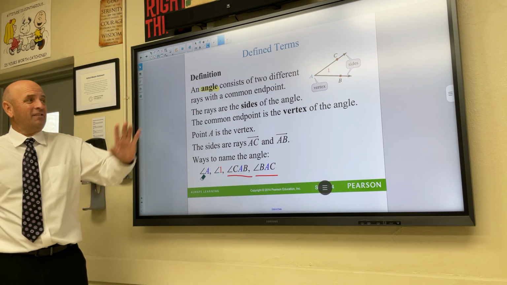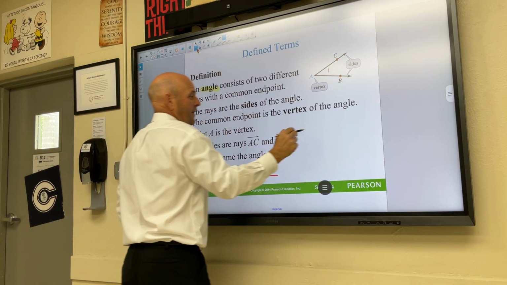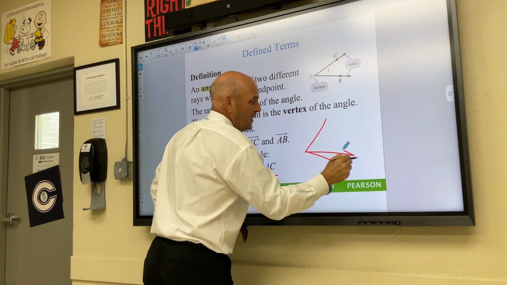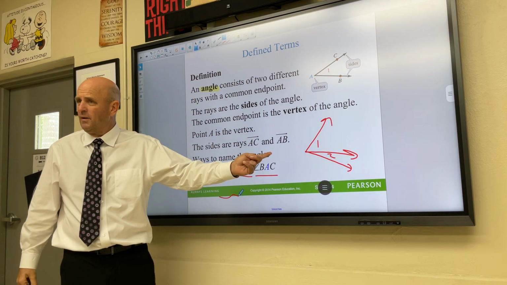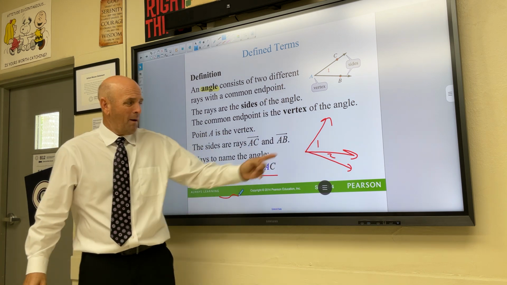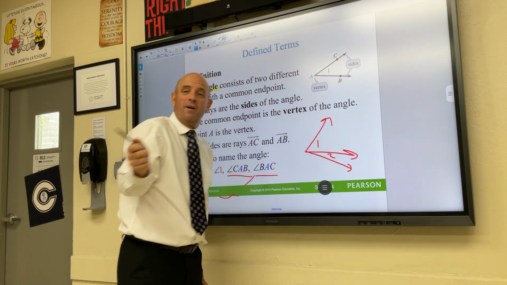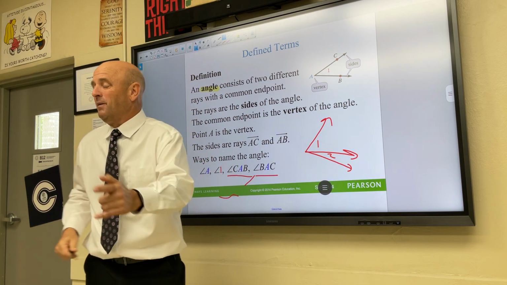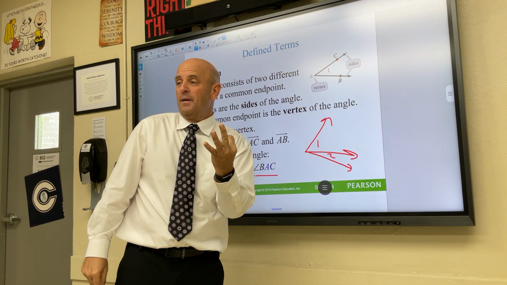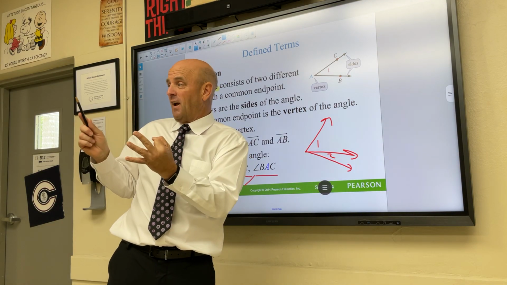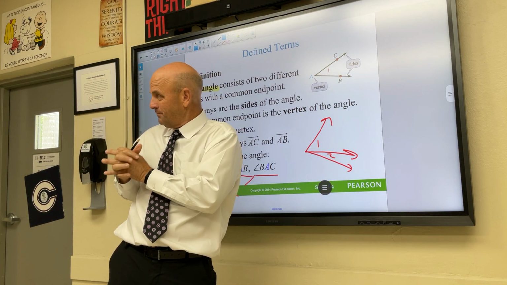Sometimes, especially when the diagram gets a little more crazy, you might have a diagram like this that has three angles, the two here and the surrounding one. So they might put a 1 here and a 2 there. If they put a number there, we can also call it angle 1. So there are three different ways to name an angle. The three letters is the safest, then the vertex, or the number in the little crack there.